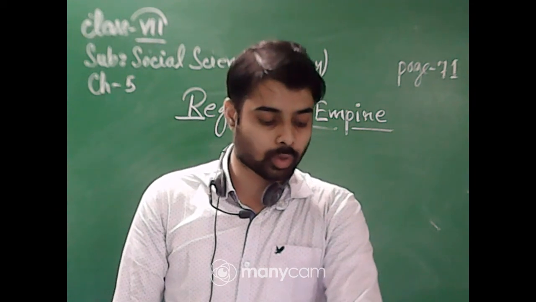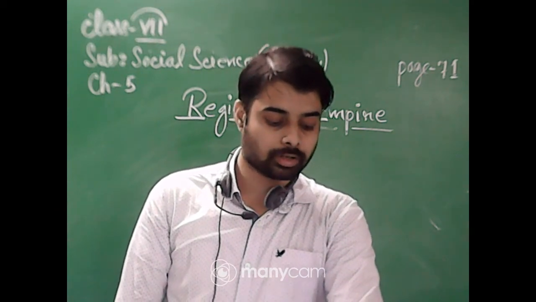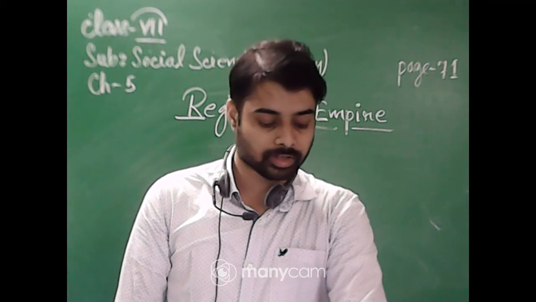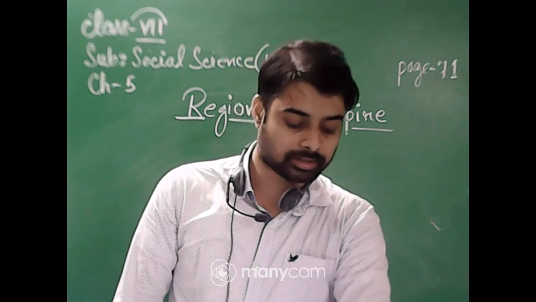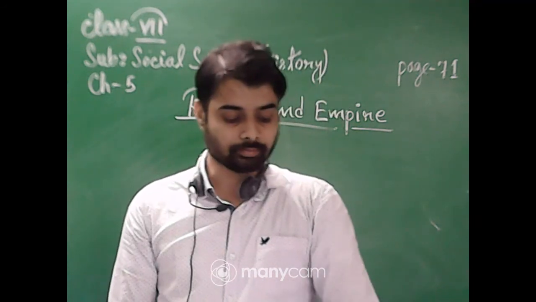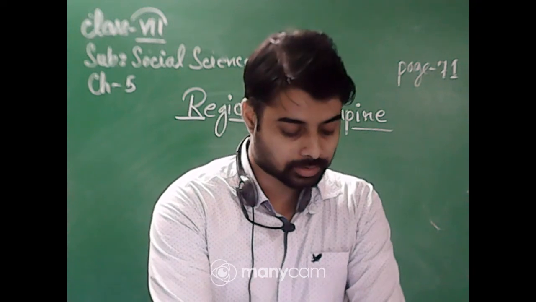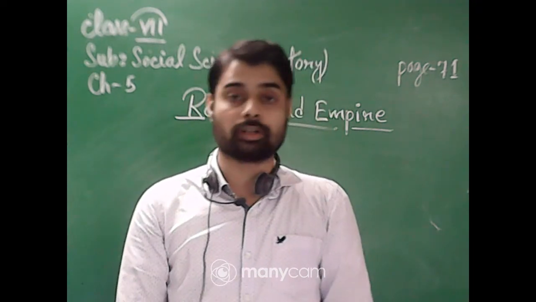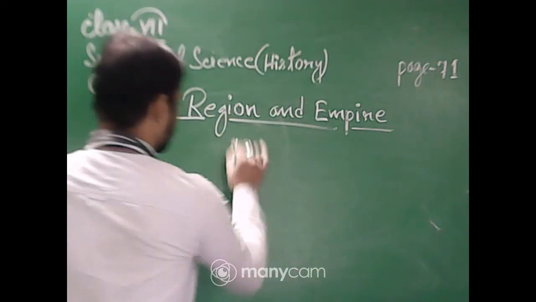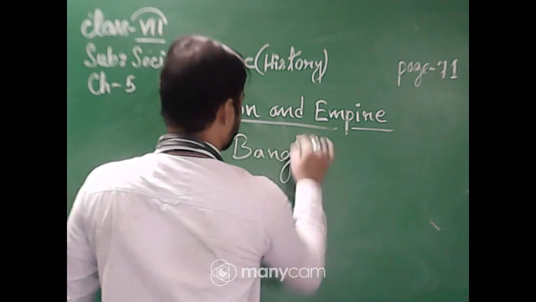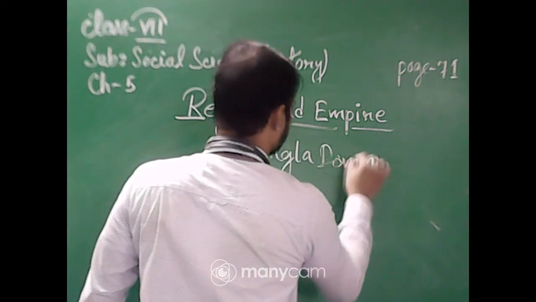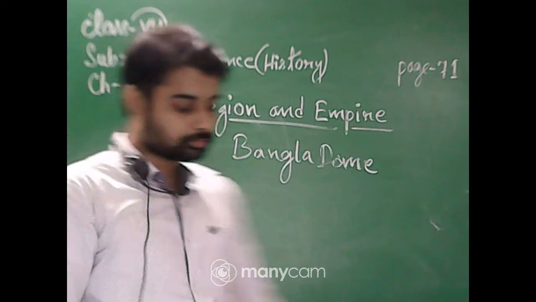For example, the local rulers had developed a roof designed to resemble a thatched hut, and the Mughals liked this. It is called the Bangla dome feature.